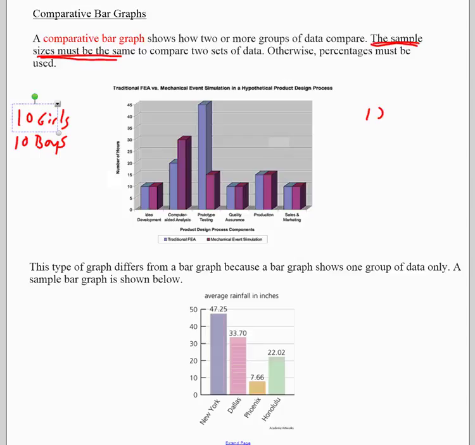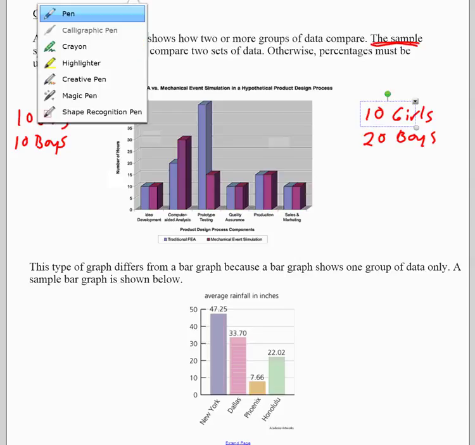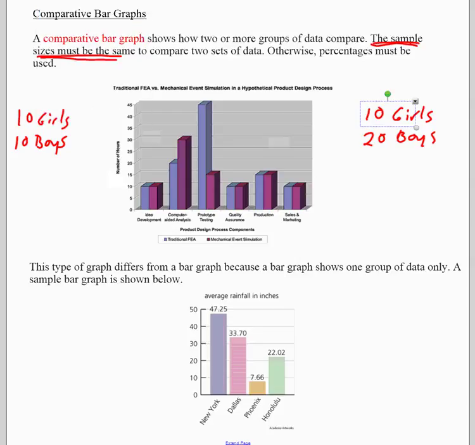But if we had a class that had 10 girls and 20 boys, if we looked at them, we can't just compare them as is, because naturally in this class, boys are going to say things more frequently than girls because there's more boys. So in this class, for example, if 5 girls said their favorite color was blue and 2 boys said their favorite color was blue, we could say that more girls like blue than boys.